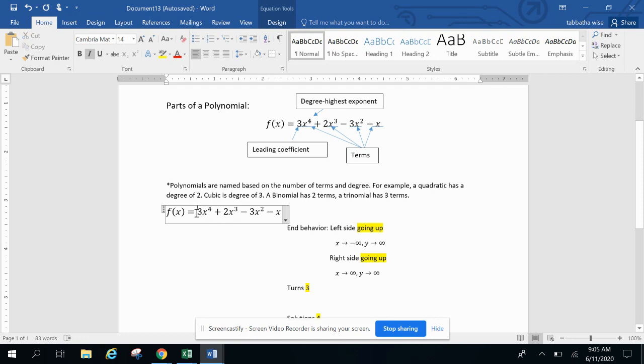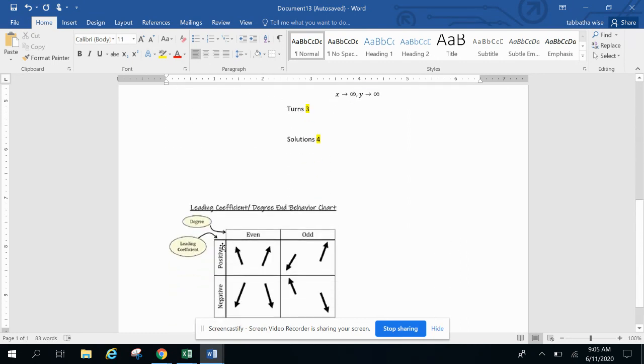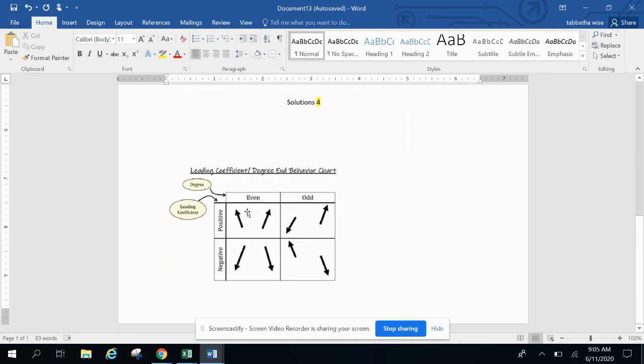That's where the leading coefficient comes from. If this leading coefficient number right here is positive, the right side goes up. And because it was an even, they both go up. If this number was negative, the left side would go down. So they make a little chart to kind of help. So even degrees, 2, 4, 6, 8, they both go up or they both go down.